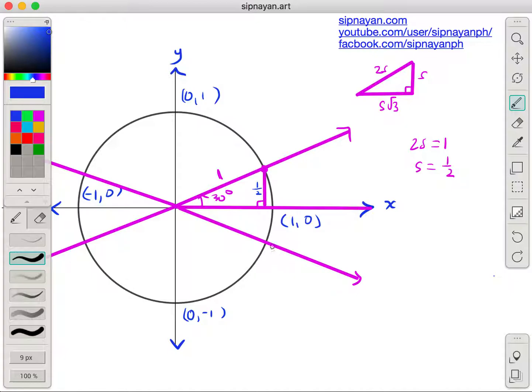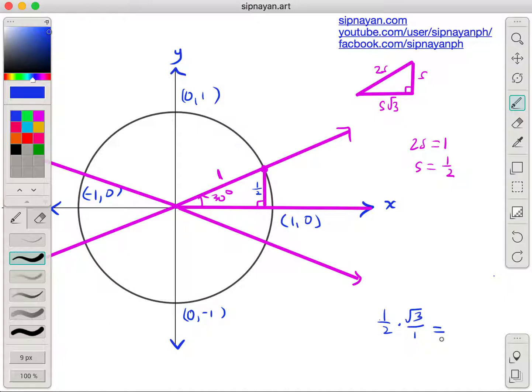Next, we have, what about this one? So, kung S ito, S square root of 3 ito, ibig sabihin ito, 1/2 square root of 3. And, para ma-simplify natin, hindi tayo mag-multiply, pwede natin siyang i-over 1, remember, kung may number tayo at hindi siya fraction, pwede natin siya ilagay na over 1.